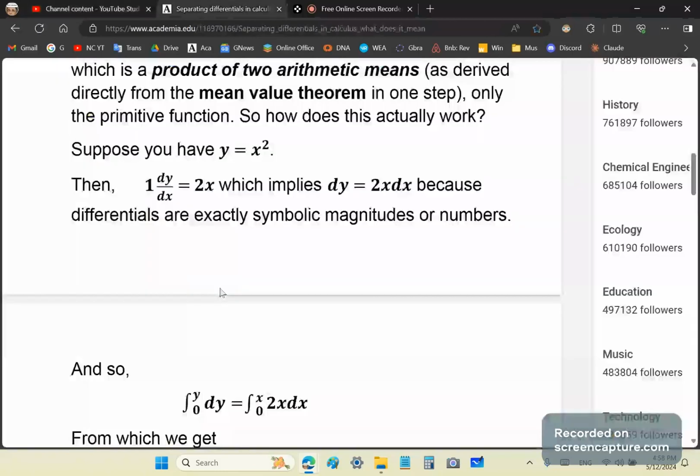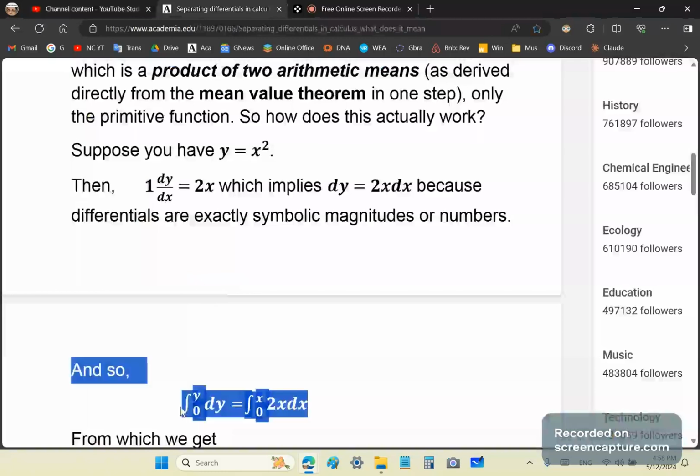You'll see that differentials are exactly symbolic magnitudes. And so what you can do here, once you separate these two and say dy is equal to 2x dx, to get back to the original equation, this is what you need to do, okay?